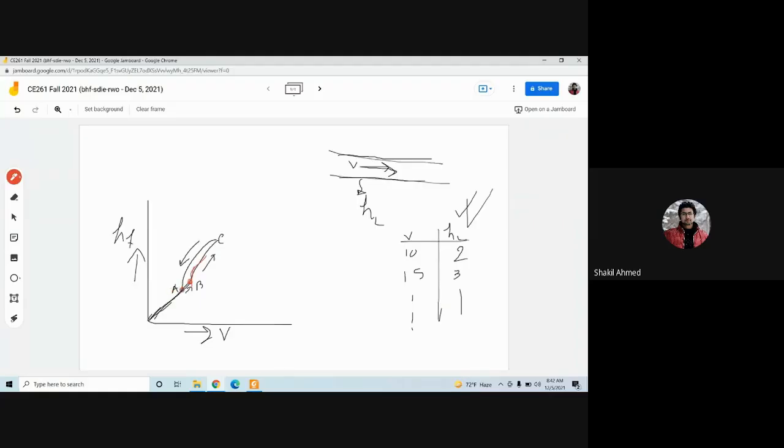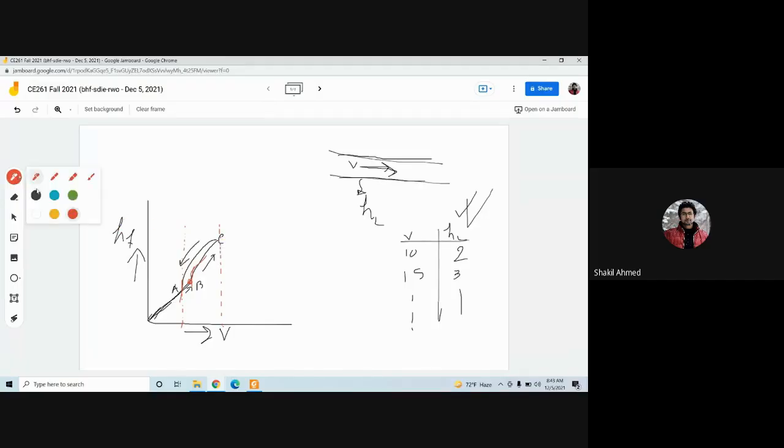So as you can see, these two points A and C, we can divide this in terms of the different behavior characteristics of this graph.